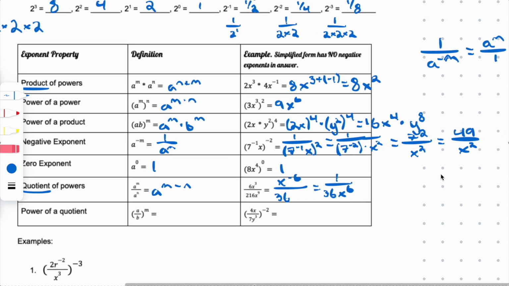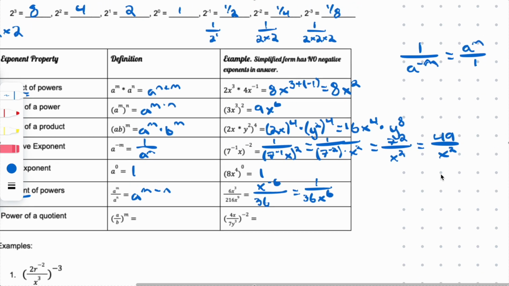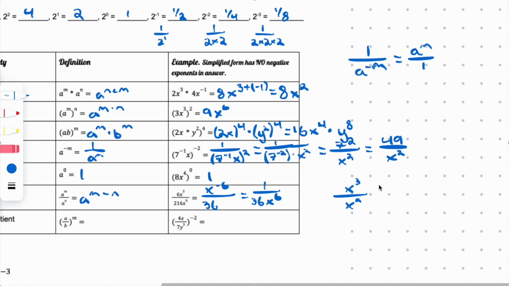In this situation, it also might be helpful to think of, let me just write this out again. If we were to have x to the third over x to the ninth, for some people, it may be easier to think of this as x to the third over x to the third times x to the 6th, because again, we add those exponents and we get 9.